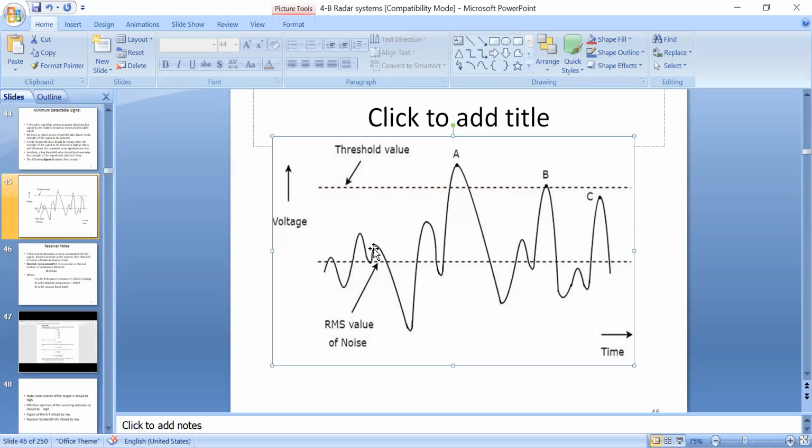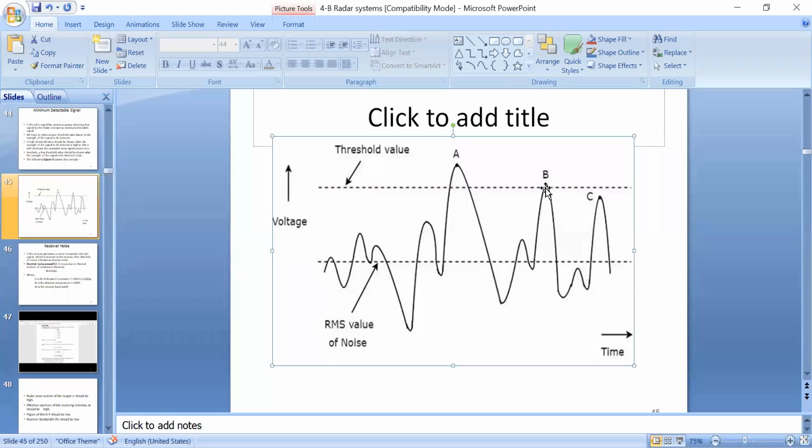Here, this explains the RMS value of that noise. So see here point A. This crosses the threshold value. That means there is no doubt this is identified as a target. Whereas coming to B, it is not crossing the threshold value, but it approaches the threshold value.